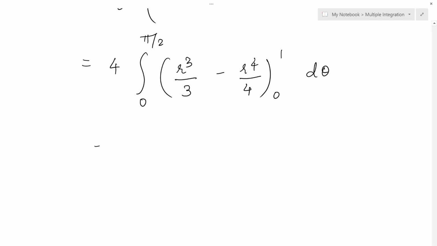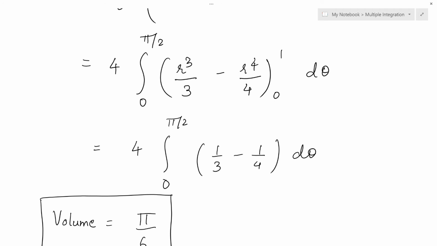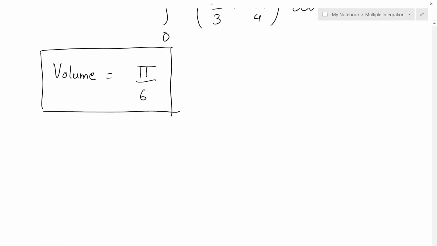So my final answer here will become 4, 0 to pi by 2, 1 by 3 minus 1 by 4 d theta, which, if you simplify this, you will get final volume as pi by 6. Okay, so by the same logic, that is, you find the value of z and then you integrate, you get the answers.